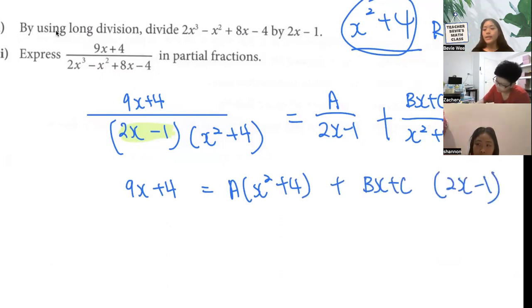There's one little mistake that I made over here. What is it? Where? I asked you, you asked me where. There is one little mistake that I made, not Zachary. I made in here.